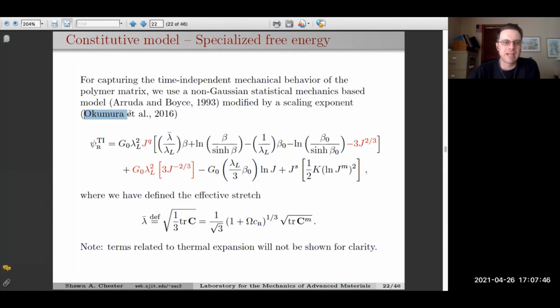There's a fellow in Japan, Dai Okumura, who had a very nice paper to try and capture that dependence. What he does there is add this exponent Q. What's in red color here is that modification. If we take Q equals 0, then we essentially reduce back down to the Arruda-Boyce model. By taking Q non-zero, at the end of the day, it will help us obtain the experimentally measured modulus, at least in a phenomenological sense.